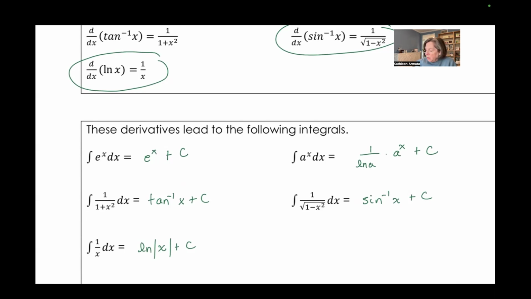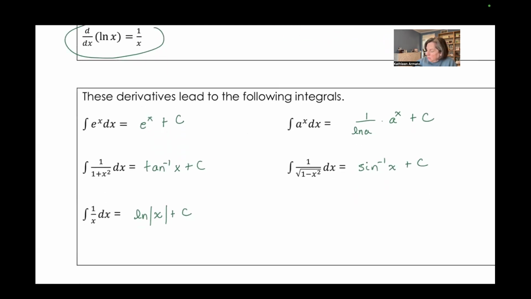So we're going to put absolute values around the x to make sure I'm plugging a positive into natural log. So note, absolute value signs. All right.